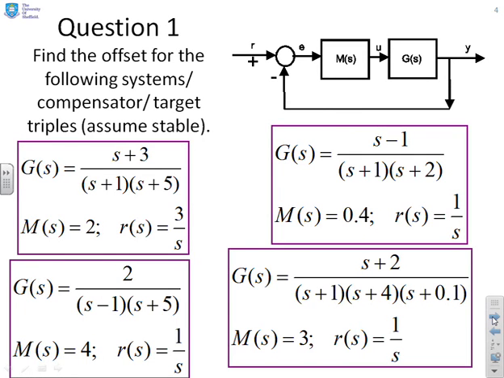Find the offset for the following system compensated target triples given that the closed loop is stable. So you'll see there's 4 different problems here which you can try, and what I want you to do now is pause the video while you read these and attempt them, and I will now continue looking at the solutions.